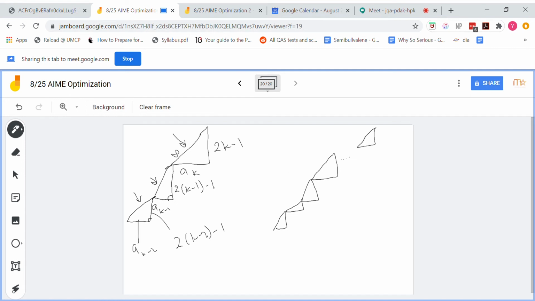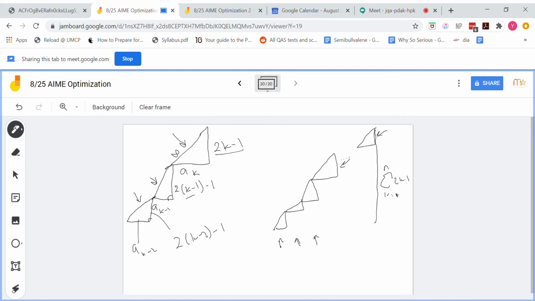So first thing to notice is that each of these heights is fixed, right? The heights are just 2k minus 1. So the total height, if we look at it, is just the sum of 2k minus 1 from k equals 1 to n, right? Now what about these lengths? So each of these lengths is variable, but what's fixed?